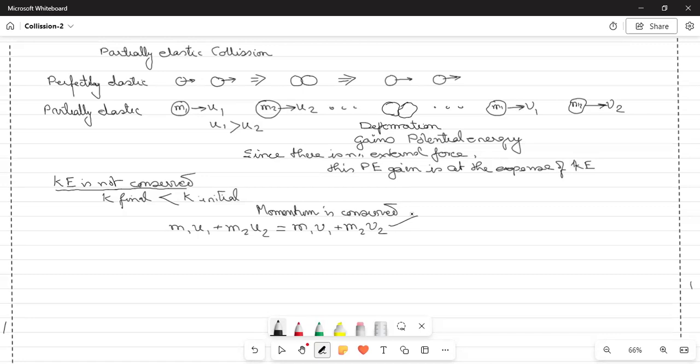But from the earlier resolution of the last part, in perfectly elastic collision, the velocity of separation is equal to the velocity of approach.